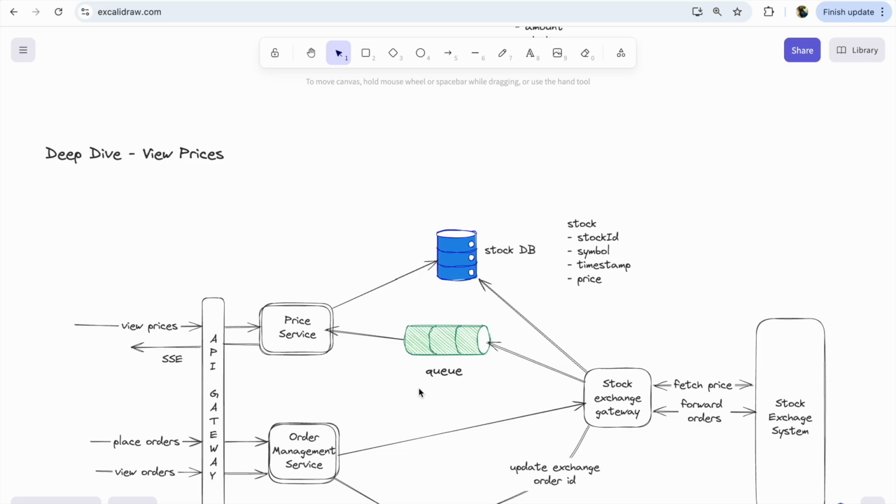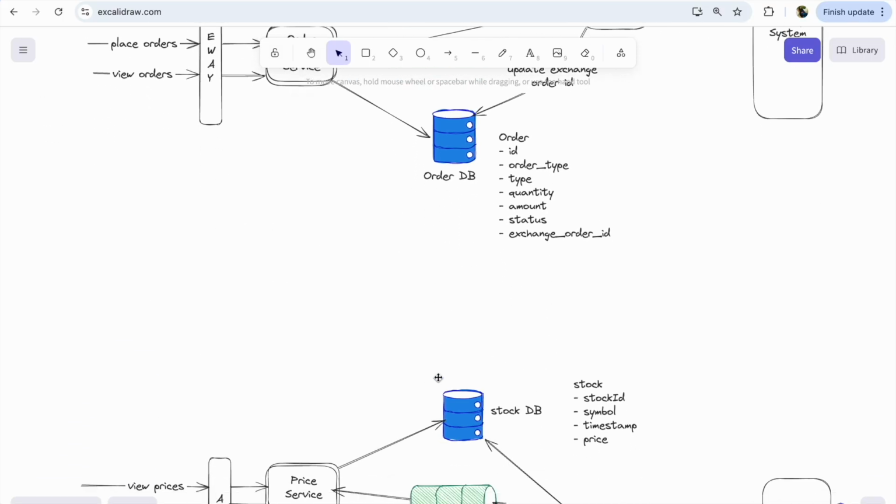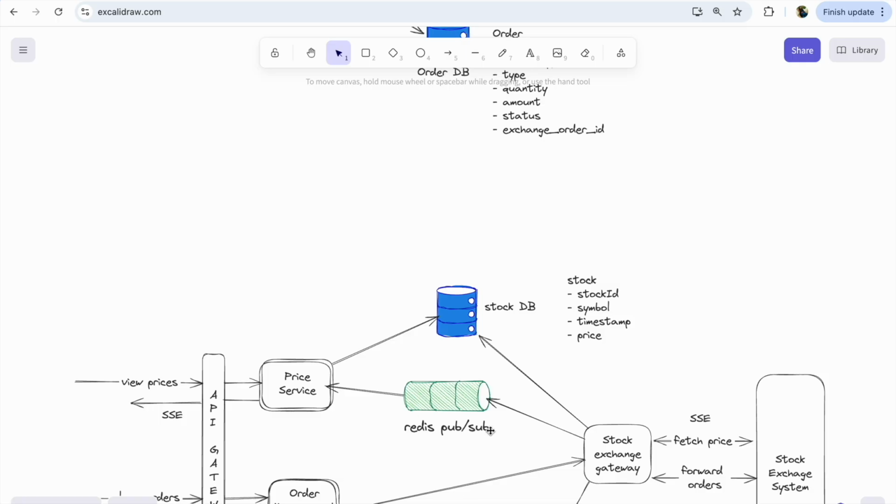One improvement we can make is, instead of using a queue like Kafka, we can go for a lighter approach like Redis PubSub. Redis PubSub is very lightweight and it's a push-based mechanism. The stock exchange gateway will fetch the price and put it in Redis PubSub, and the price service consumers will subscribe to the particular channel and then send it to the client.